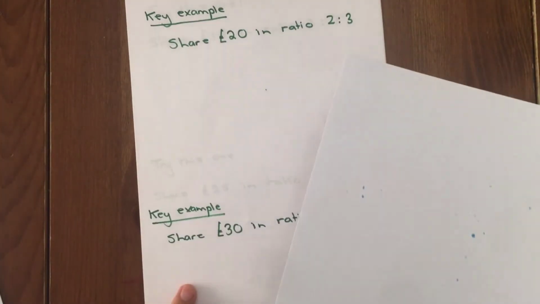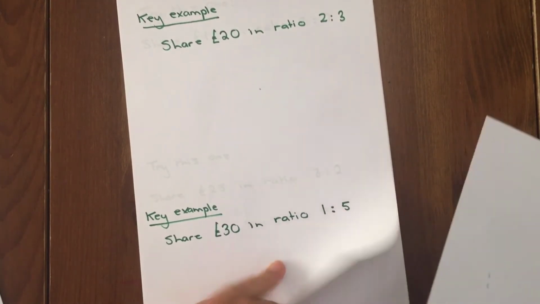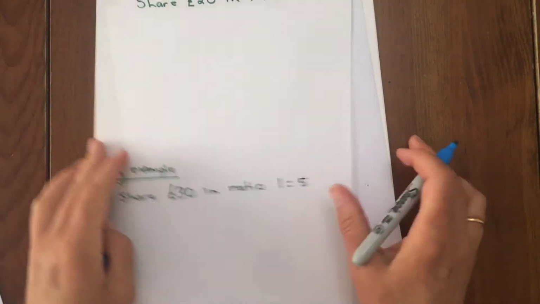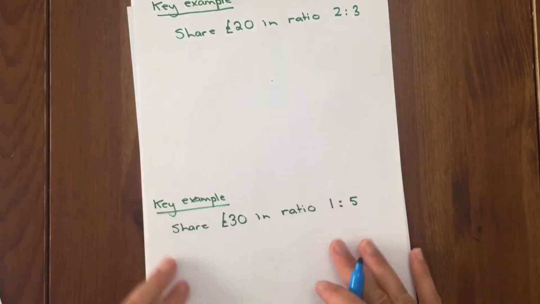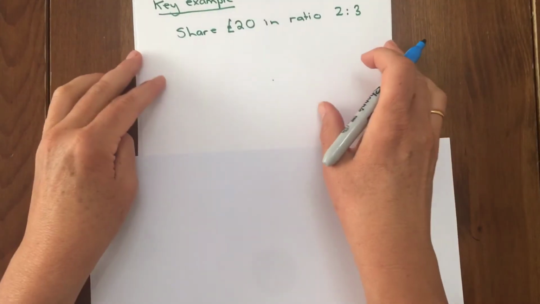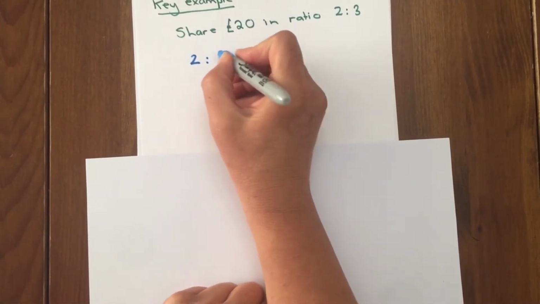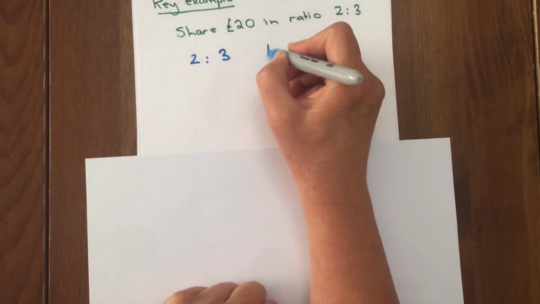Okay, the next one. Key example. This will be a good one to write down. Share £20 in the ratio 2 to 3. So what we do, we look at the total number of shares that we've got.